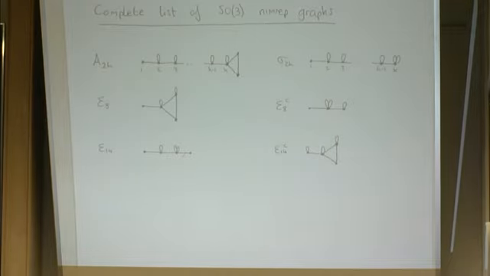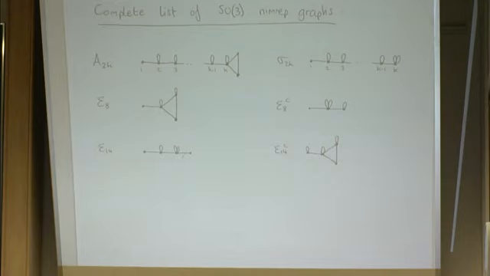So there's the A series, which encode the fusion rules of the categories. Then there's what I'm currently calling the sigma series, conjugate series.